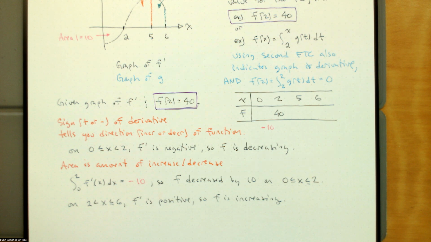The interval from 2 to 5, we see the area is 18, so we'll see an increase of 18. And then from 5 to 6, the area is 12, so we'll see an increase of 12.